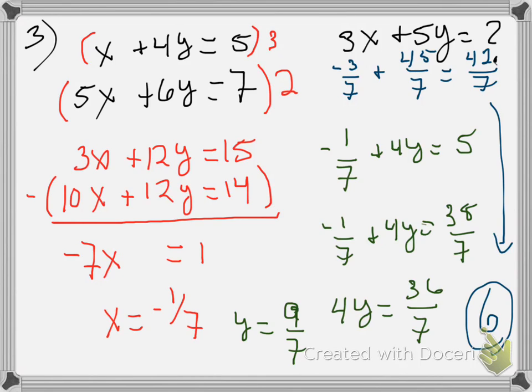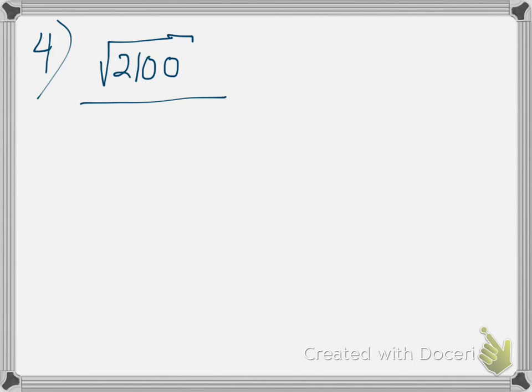So, let's see. Next one we're going to look at is which integer is nearest to the square root of 2100 divided by the square root of 7.